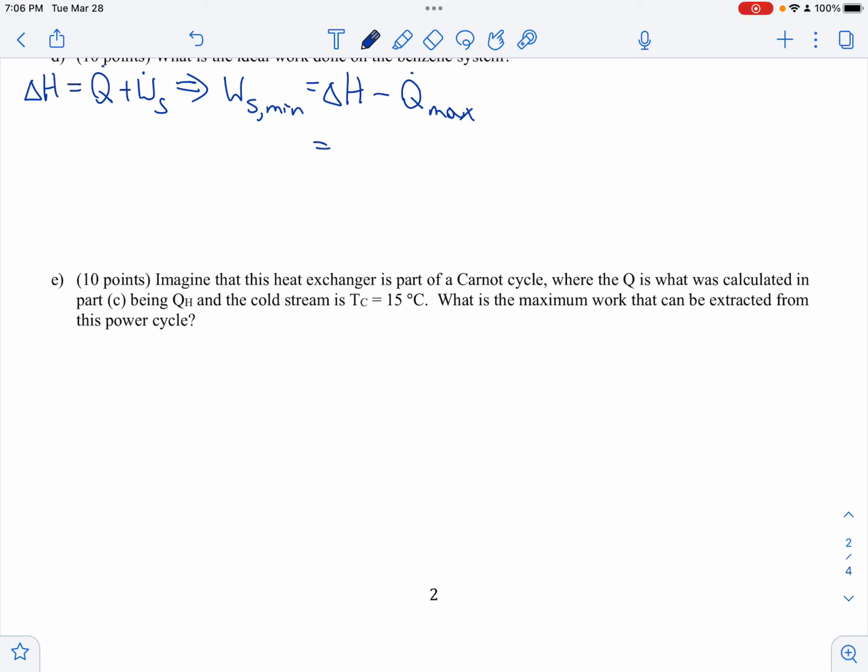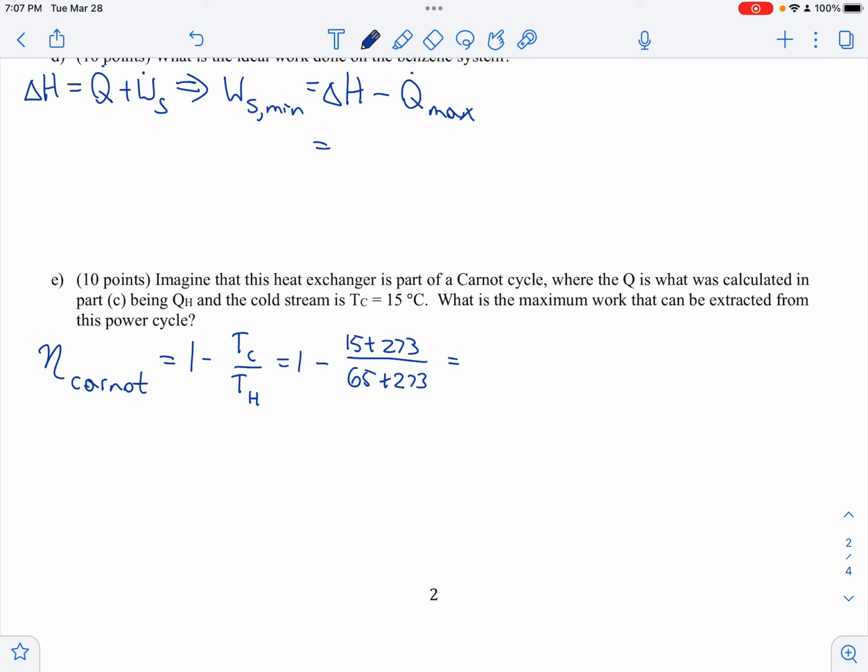Well, if we're talking about a Carnot cycle, I'd first look at the efficiency of the Carnot. So we're given the temperatures. This would be 1 minus 15 degrees over 65, which would be T hot.